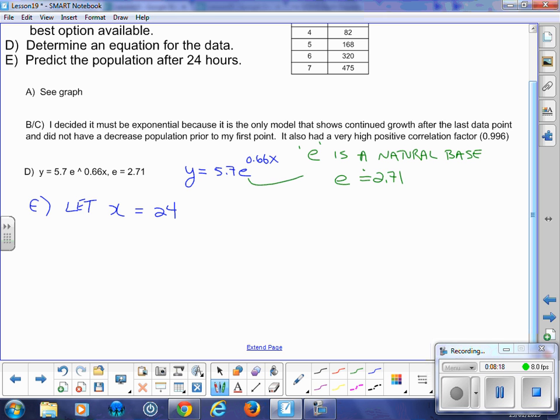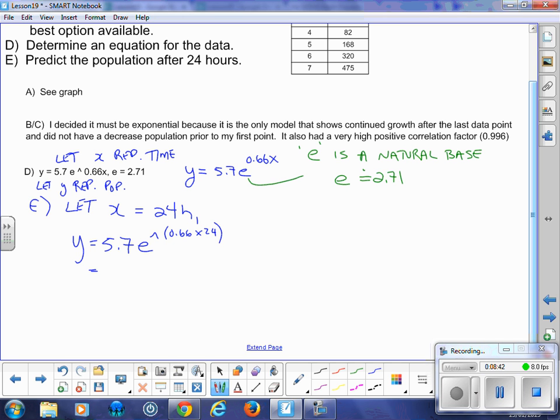And up here I should have said let y represent population. Let x represent time. I know I'm getting ahead of myself. So y equals 5.7 e to the exponent 0.66 times 24.